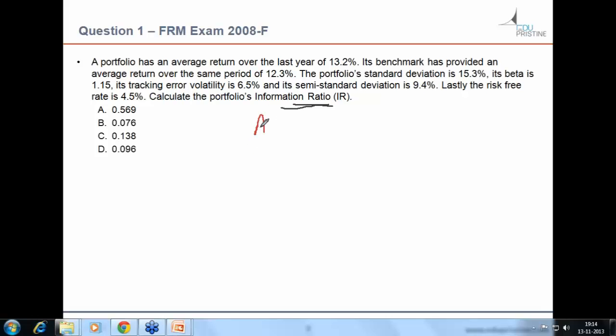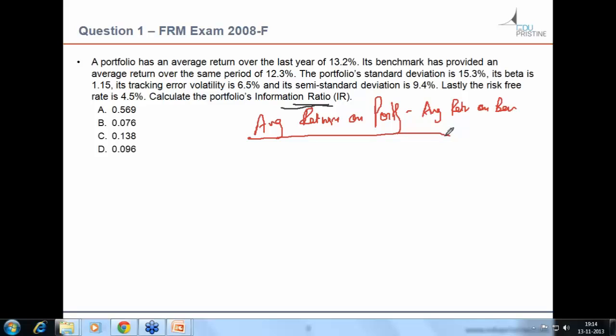Okay, so it is the average return on portfolio, minus average return on benchmark, divided by the tracking error or the standard deviation of alpha.